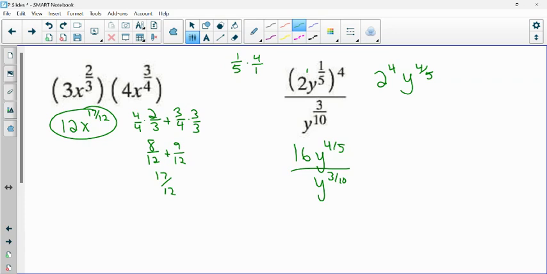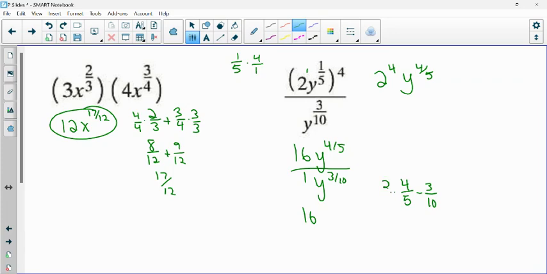So I'm doing 16 divided by 1, which is just 16 on the top of the fraction. And what am I doing with 4/5 and 3/10? Subtracting. So 4/5 minus 3/10. I'm going to multiply top and bottom of the first fraction by what? 2 over 2.